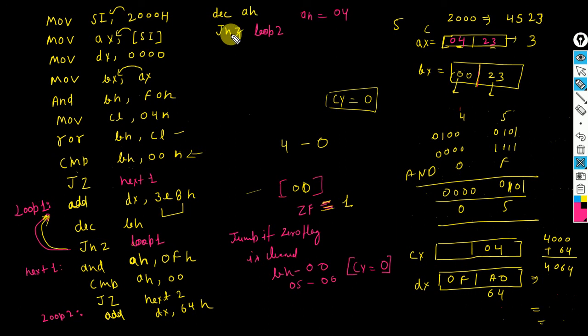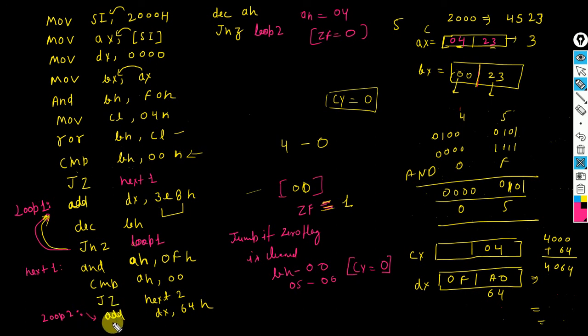So JNZ loop 2: jump if zero flag is clear. In this case the zero flag indicates 0, meaning its status is clear. So you move to this label.